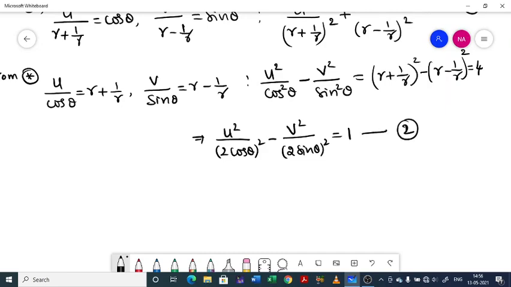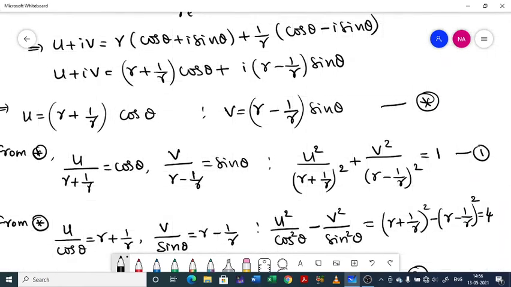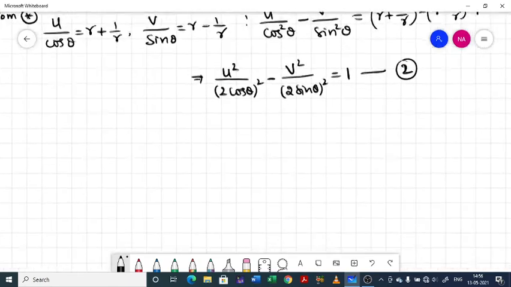When the imaginary part of Z is constant, you can consider equation 2 because it involves only theta, and when you consider the case where R is constant, then you can consider equation 1.